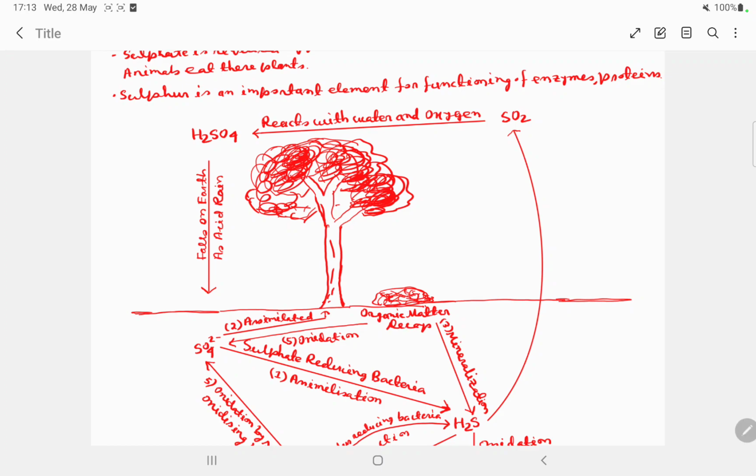These generally ultimately give rise to sulfur dioxide.